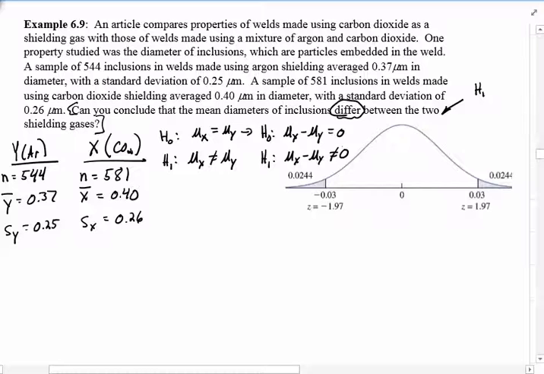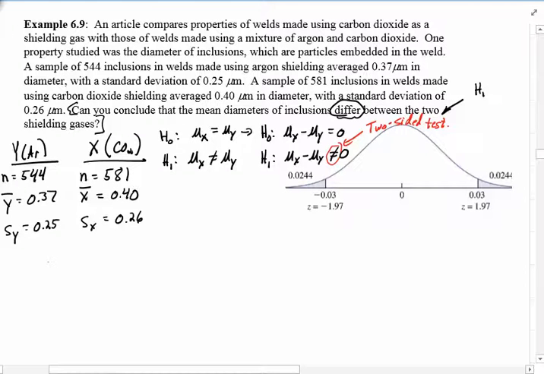Because of this, it is a two-sided test, which means when we get p-values, we're going to take the area in the tails on both sides and add them together.